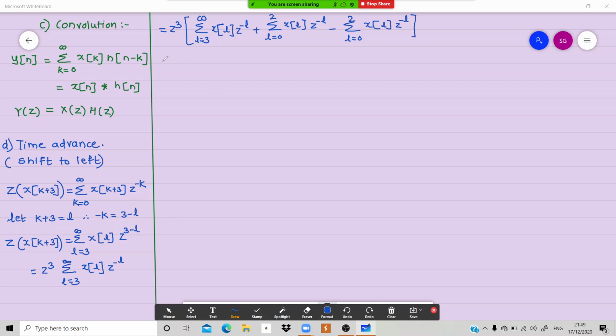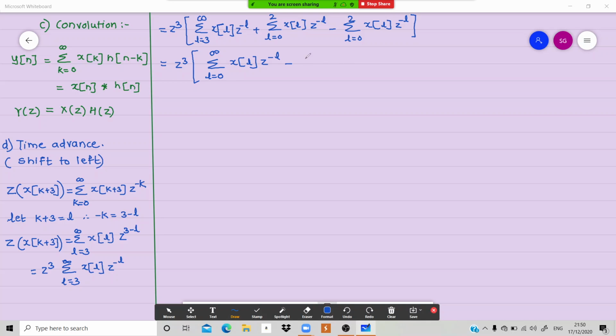So see, now if I write z cube, this whole thing will become summation L equal to 0 to infinity x(L) z raised to minus L minus, see first term now, L equal to 0. Anything raised to 0 will be 1, correct? And it will be x0.